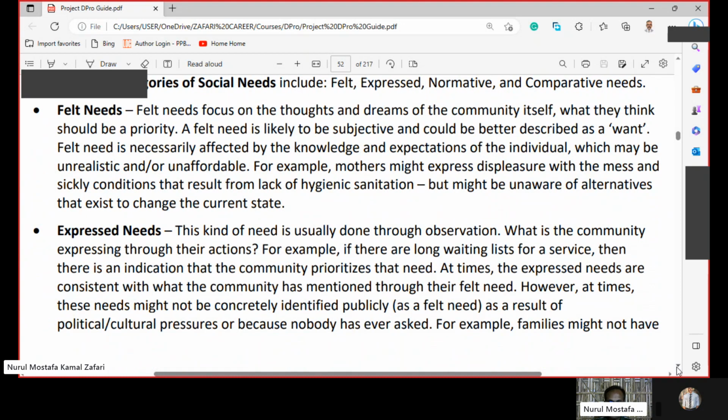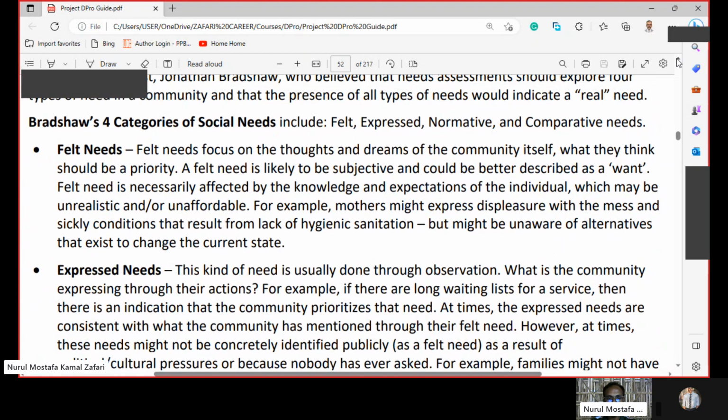So to understand need assessment, we need to understand Bradshaw's 4 categories of social needs. And the 4 categories of social needs are felt needs, expressed needs, normative needs, and comparative needs.